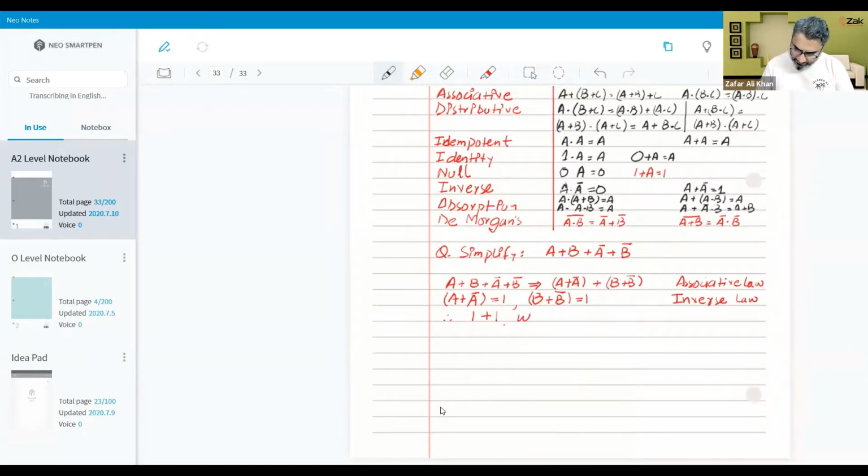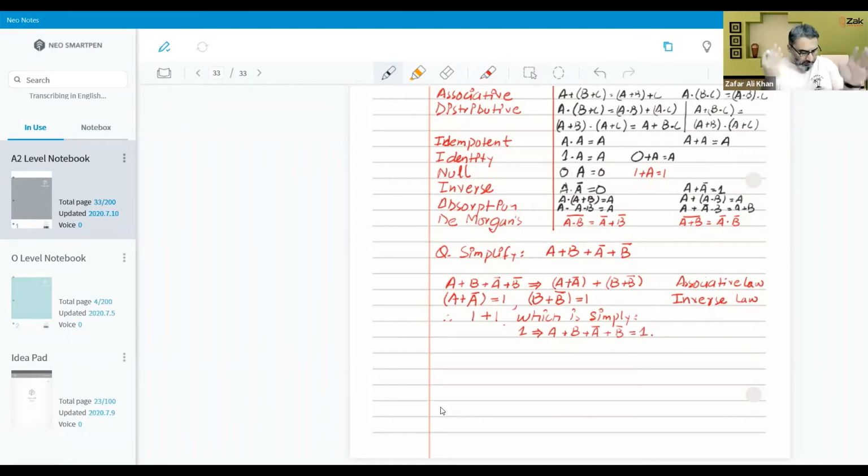So the whole expression A plus B plus A naught plus B naught is equivalent to 1.